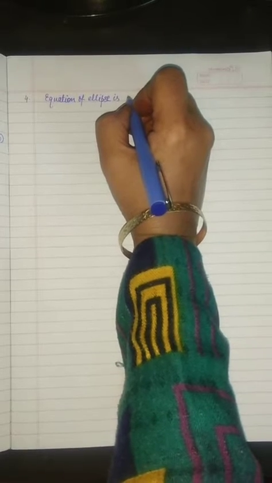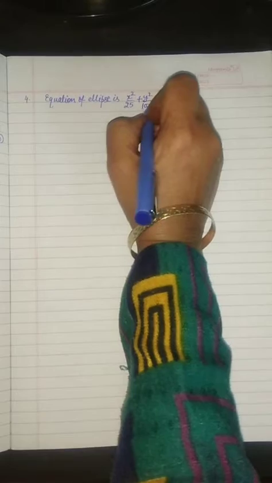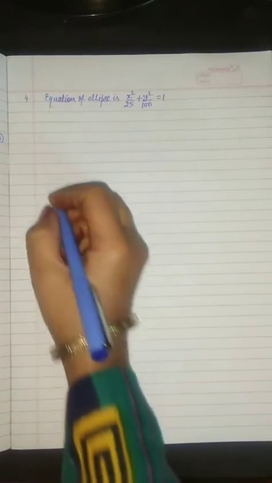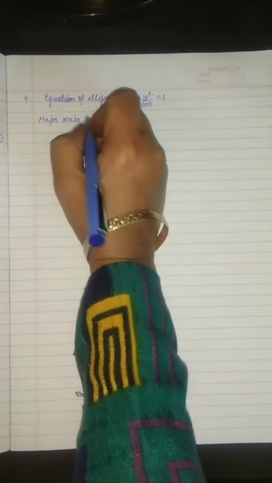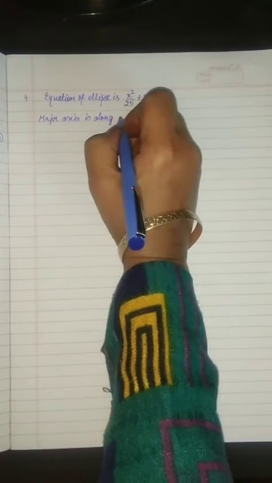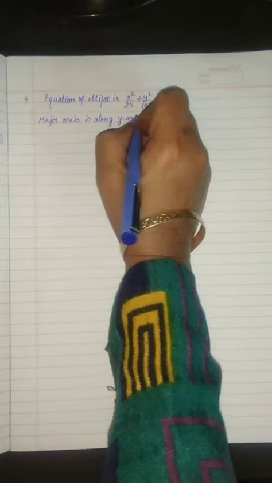Question number 4. In question number 4 we have the equation of ellipse x square upon 25 plus y square upon 100 is equal to 1. So the major axis is along the y axis, as the denominator of y square is greater than the denominator of x square.